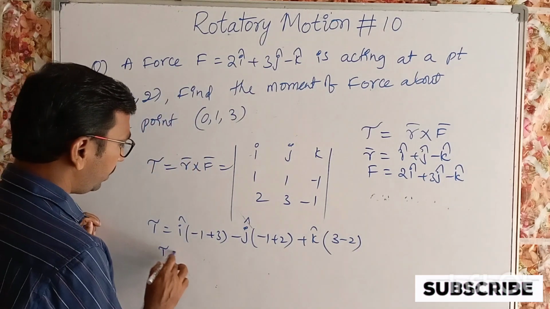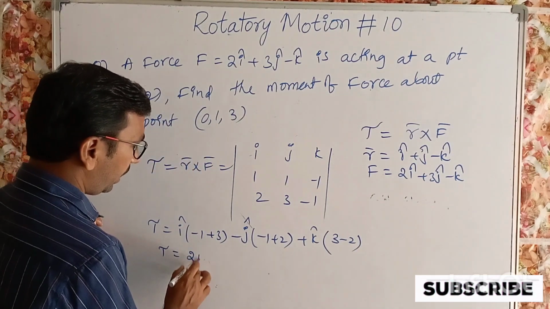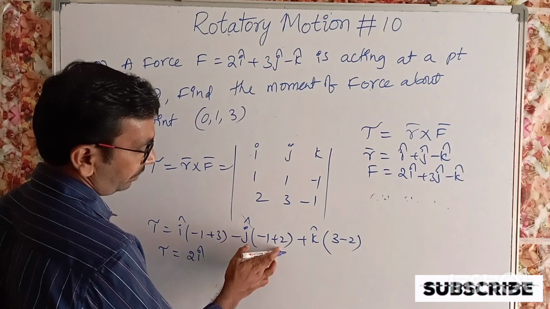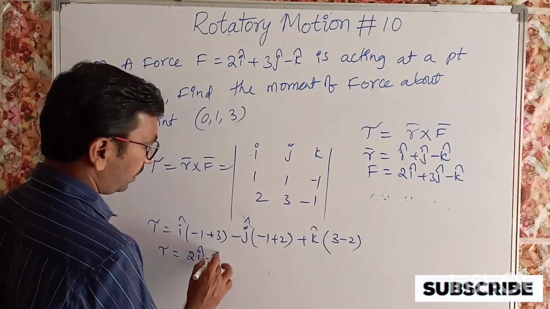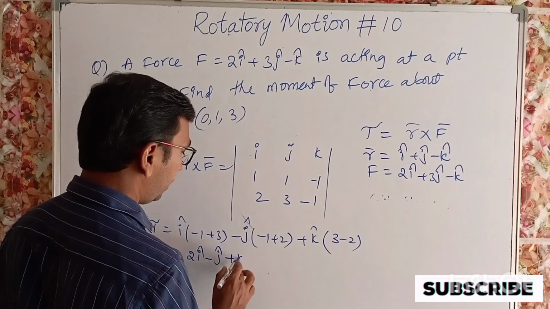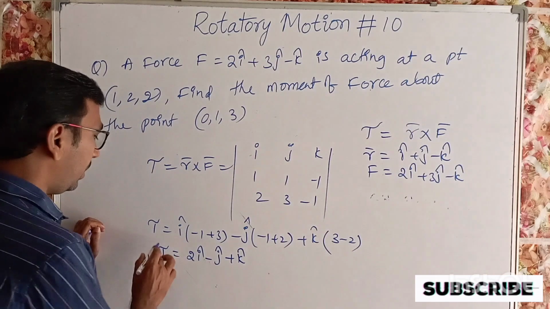So torque tau is equal to 2i cap minus j cap plus k cap. This is the torque tau bar.